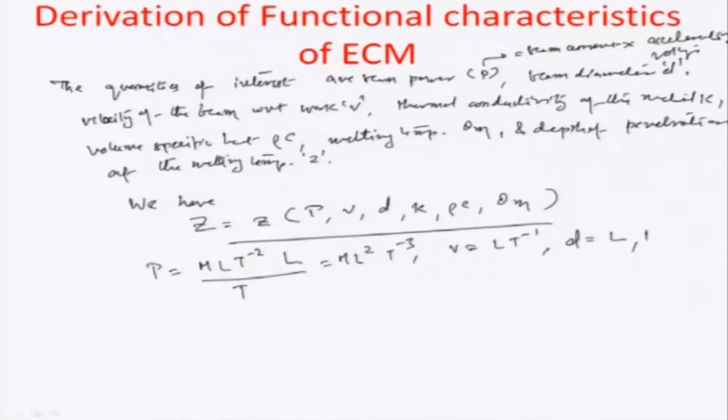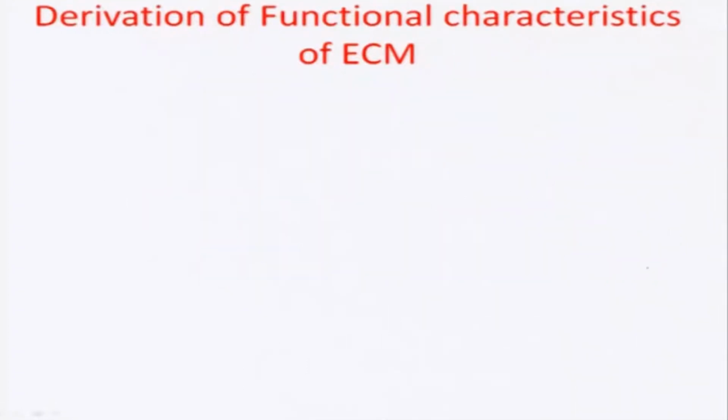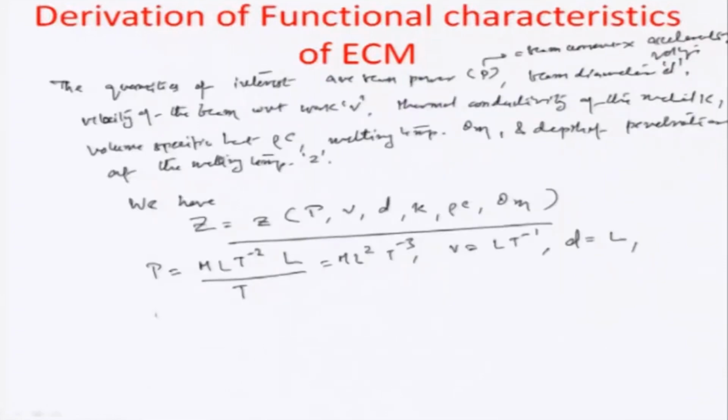d of course is the diameter, so it has the dimensions of length. k here is the thermal conductivity. Let us just write this down here, do not have space. So, k can be expressed in terms of M L T^-3 theta^-1, rho c can be expressed in terms of M L^-1 T^-2 theta^-1, and so on and so forth.